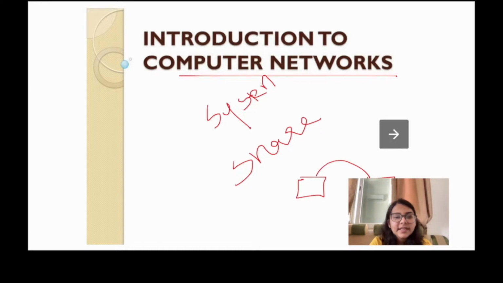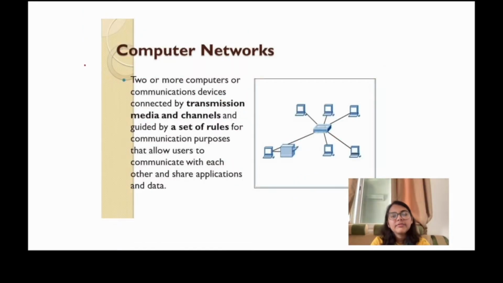Okay, then let's see the perfect definition of computer network. A computer network is two or more computers or communications devices connected by transmission media and channels and guided by a set of rules for communication purposes that allow users to communicate with each other and share application data.